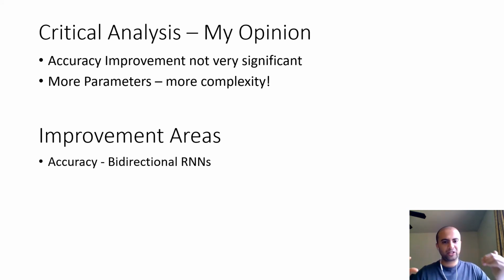Word one's information is passed on to word two and so on, like we saw. But what bidirectional RNNs do is pass the information both forward and backward. That makes the training so much more robust. In fact, I want to try this before the end of this course to see if bidirectional RNNs give any significant improvement in the accuracy scores.